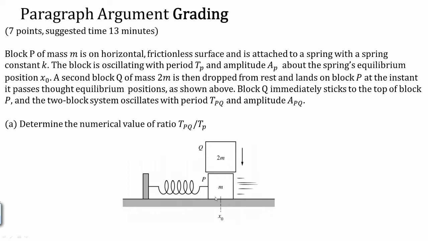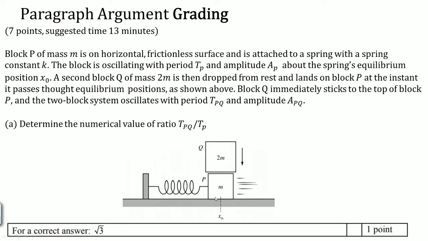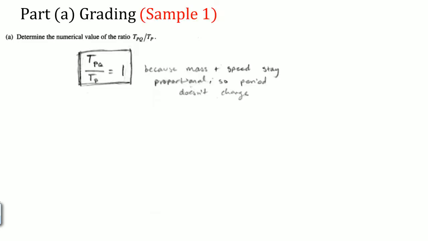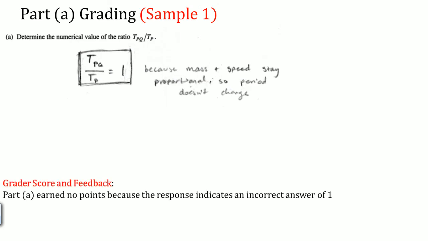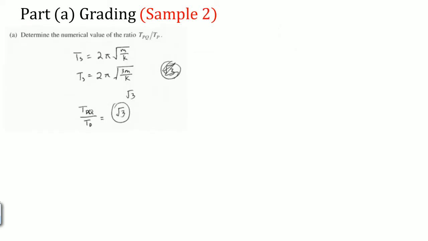So let's take a look at how it's graded. Here, 1 point is earned for the correct answer of square root 3. That's it. Very straightforward. So here, the first student answer equals 1. That's not going to get you any points because that's not the correct answer. Here, the student did give you a square root of 3, but notice the student wrote this and wrote this, but where's the algebra?